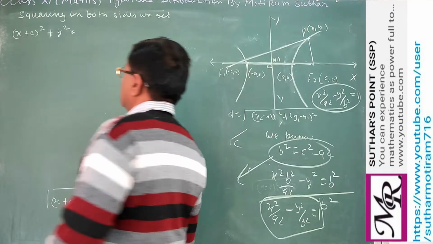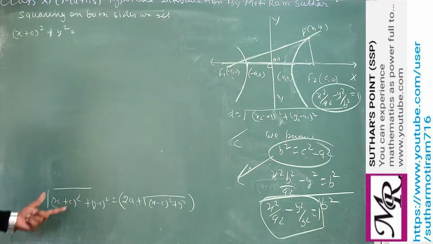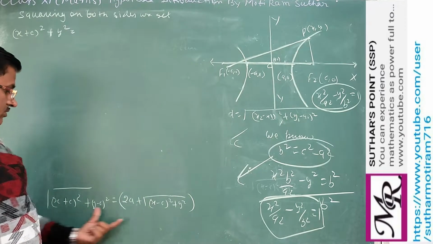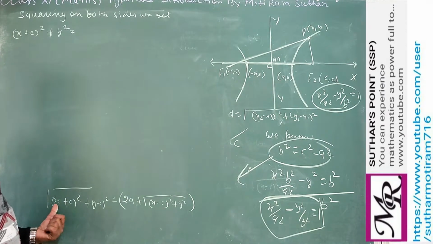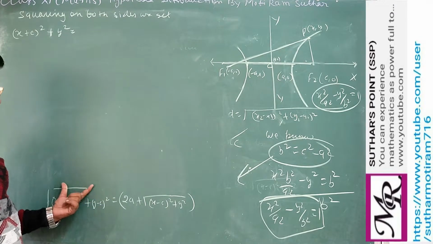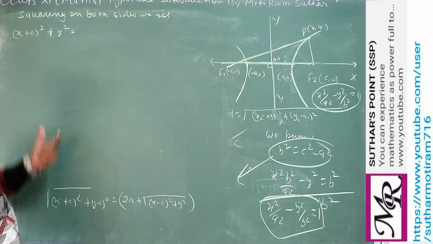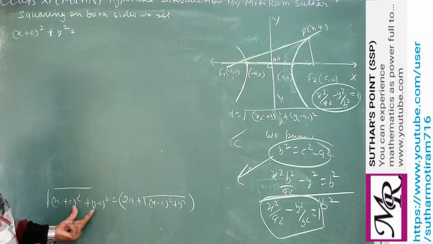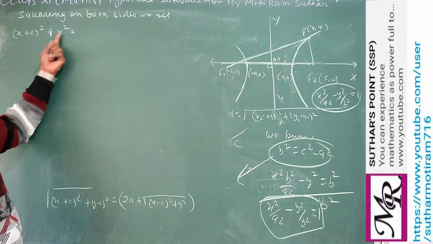So dear student, we are squaring both sides of this equation. On the left hand side there is a whole root, so the root and its square cancel. We get only (x plus c) whole square plus (y minus 0) whole square, that is y square.